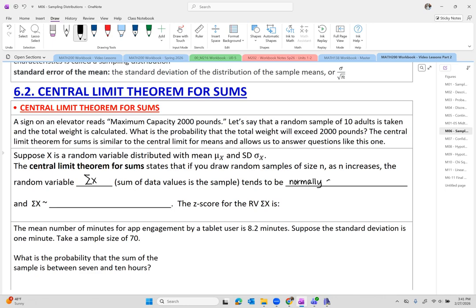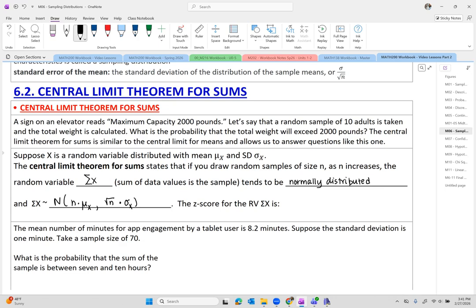And the distribution will have a mean of n times the mean of the variable and a standard deviation of the square root of n times the standard deviation of your variable. So the standard error will be the standard deviation times the square root of n.